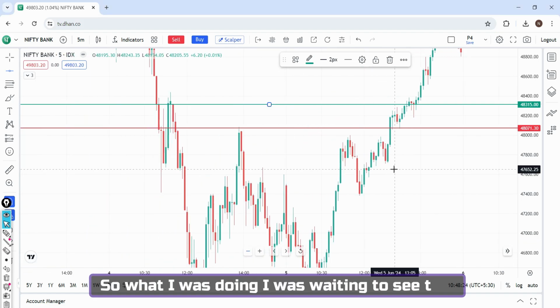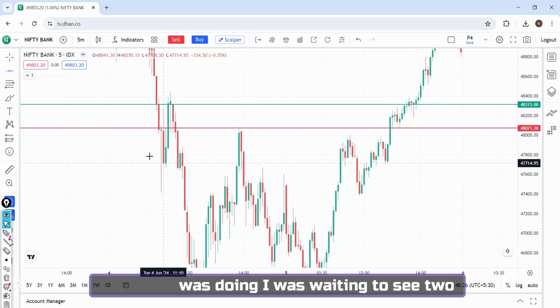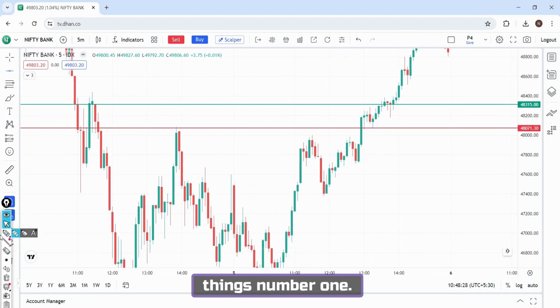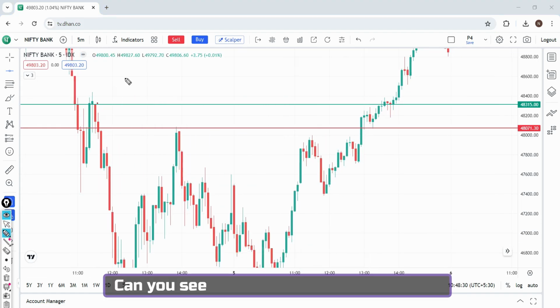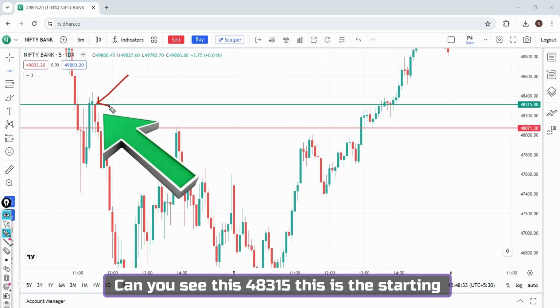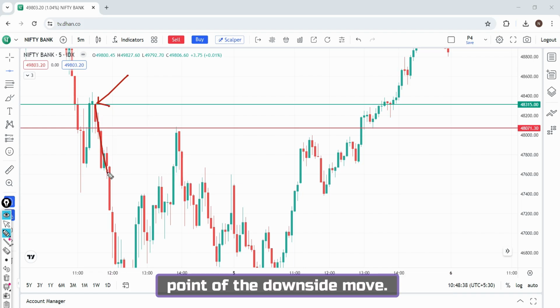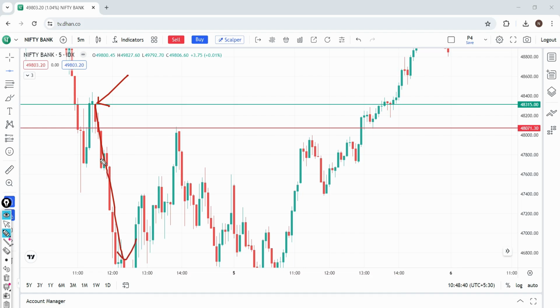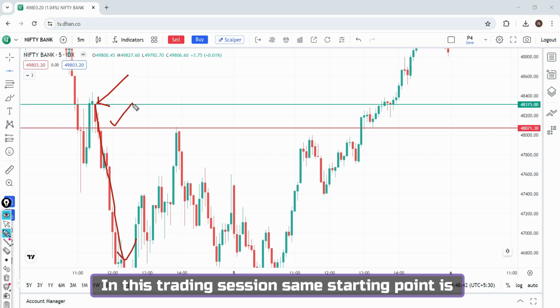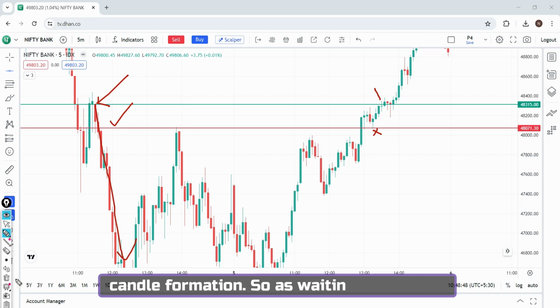So what was I doing? I was waiting to see two things. Number one, can you see this 48315? This is the starting point of the downside move in this trading session. Same starting point. Here price is not taking support, but not a good candle formation.